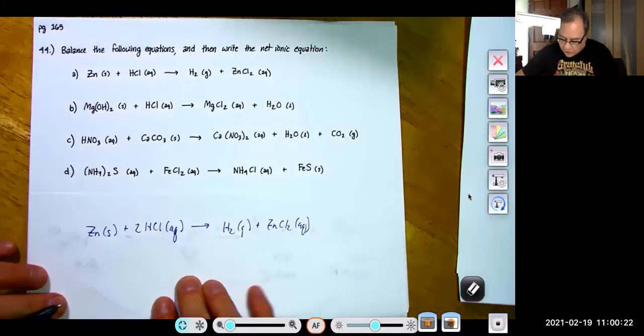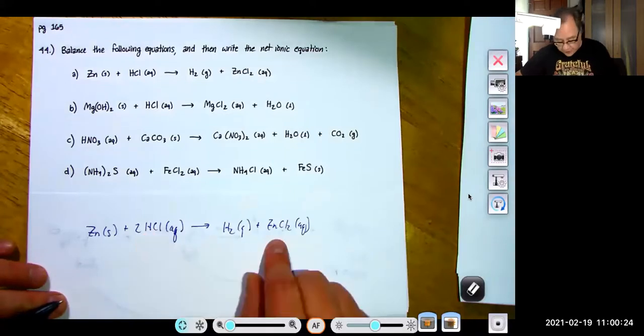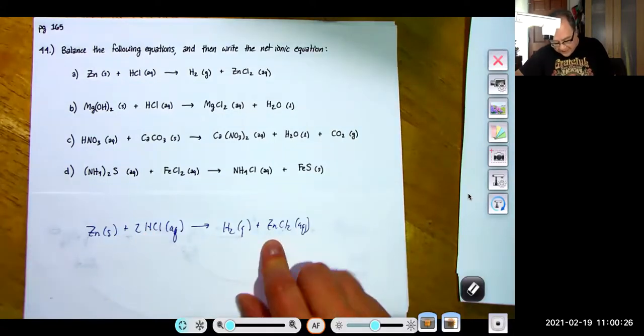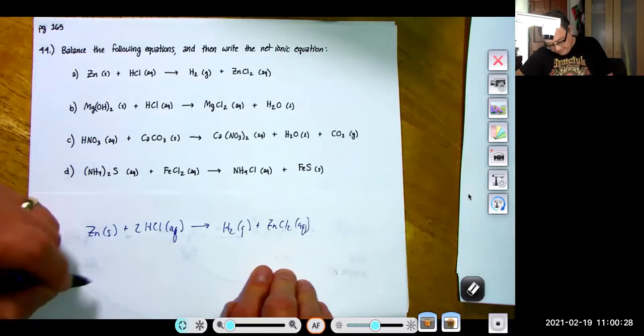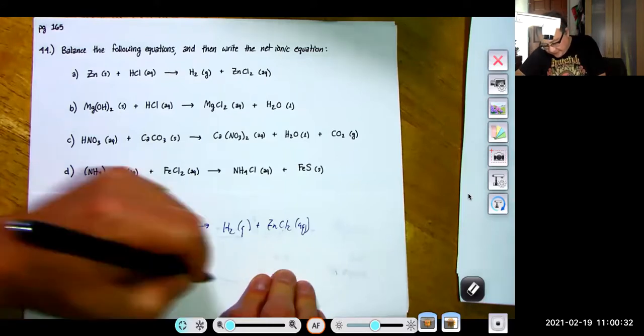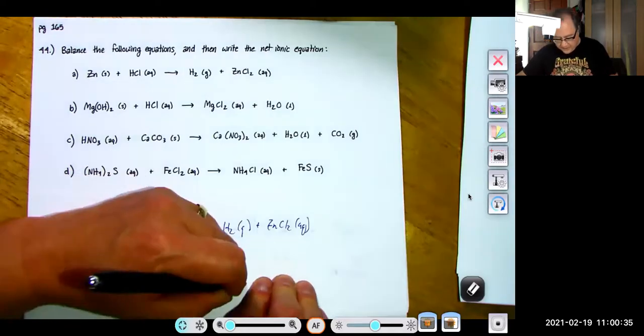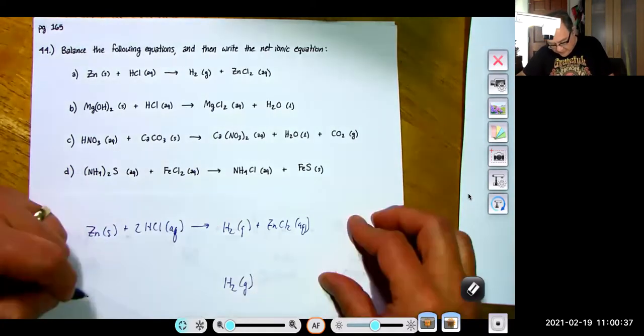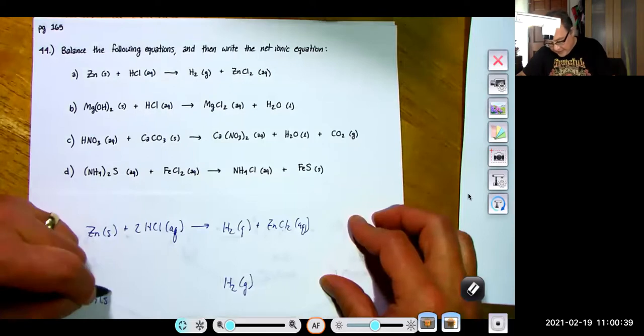And now we have 2 chlorines and 2 chlorides. So what do we bring down automatically? The gas and the solid. They're automatically in the net ionic.